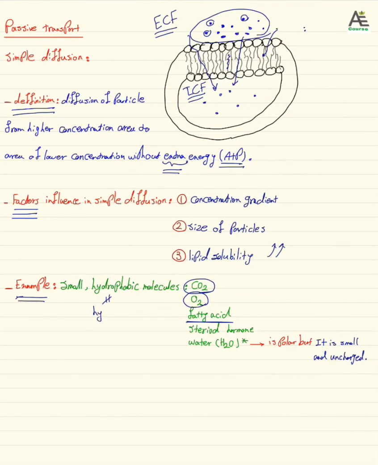Those particles are non-polar. Hydrophilic, they like water, but hydrophobic, they do not like water. They like lipid. And then steroid hormones like testosterone, estrogen, and progesterone can also pass through the cell membrane with simple diffusion.